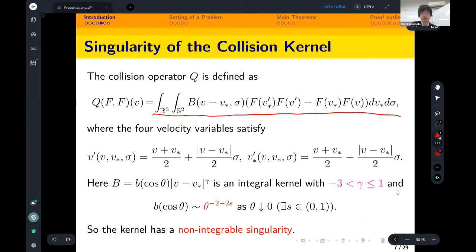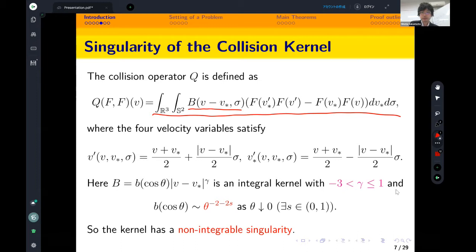Looks messy, but this capital B is a weight function stating what kind of collisions are likely to occur or not. So if capital B is large, then collisions given by this v star and v sigma are likely to occur.